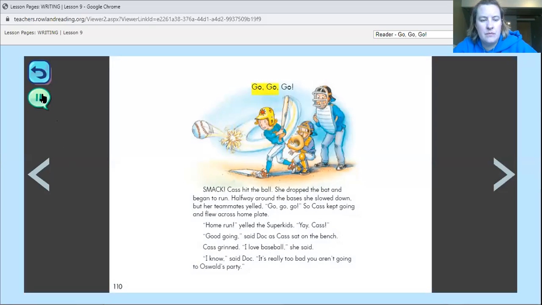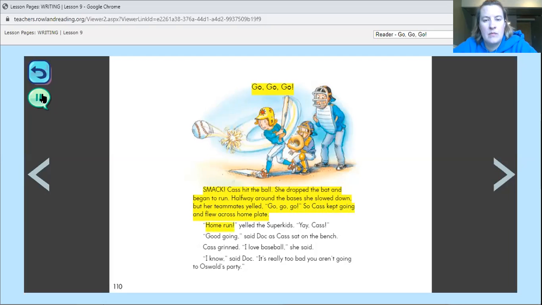Go, go, go! Smack! Cass hit the ball. She dropped the bat and began to run. Halfway around the bases, she slowed down. But her teammates yelled, "Go! Go! Go!" So Cass kept going and flew across home plate.